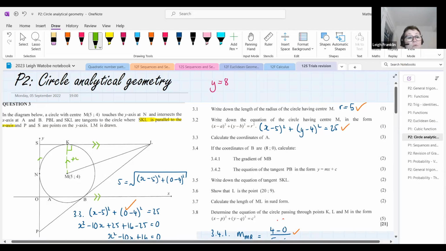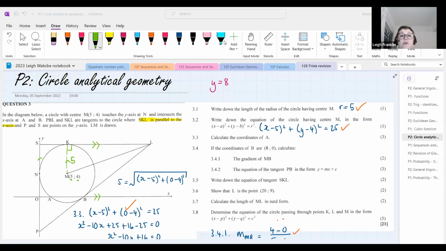You have gone 4 units up. Have you gone 4 units up from 5? Or have you gone 4 units up from 4? Sorry, I'm talking nonsense. You haven't gone 4 units up. The length of the radius, I beg your pardon. Remember we said the length of the radius was 5. So are you adding 5 onto 5, or are you adding 5 onto 4?